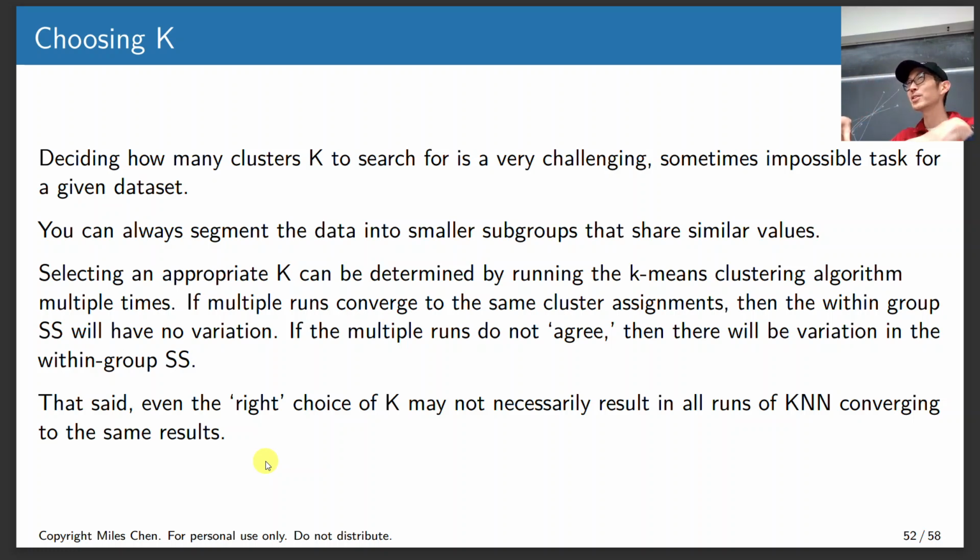At what point do you say, all right, we have enough categories? It's an impossible thing to just say this is the correct number of clusters.